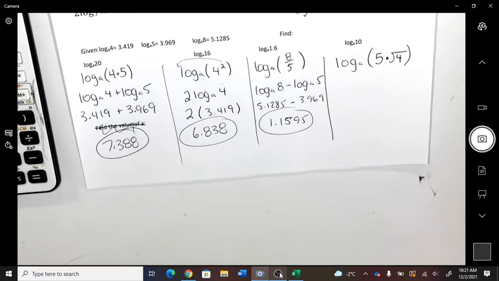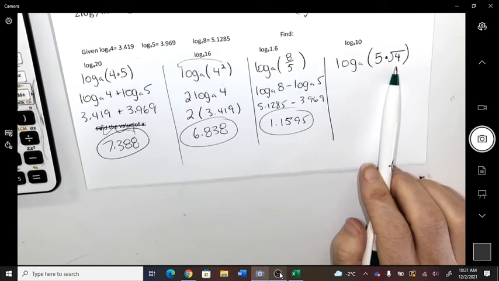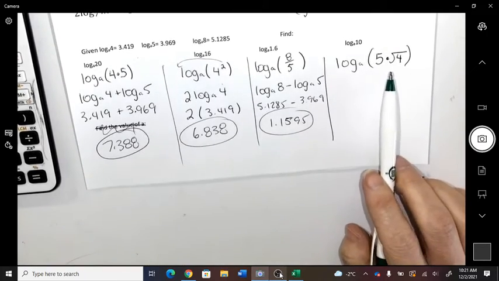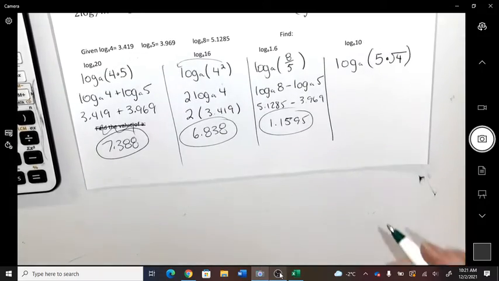So I'm going to do this one just because I wanted to do a little bit more of this rule. Because this is 5 times 2, essentially, right? Okay. How do you separate this using all the rules you know?